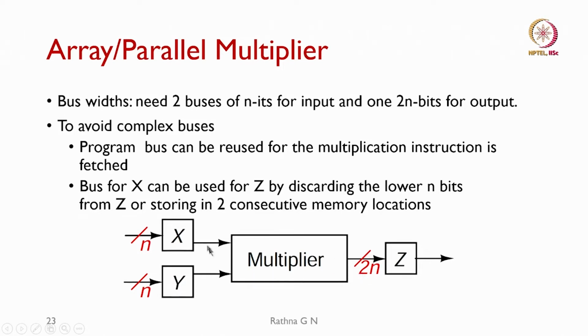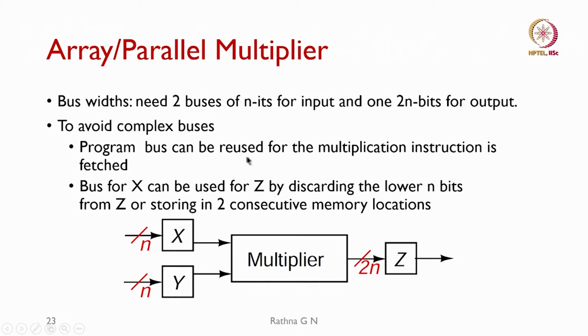If both inputs are n bits, then 2n will be the maximum number of bits needed at the output of the multiplier. That can be z. It depends on the application.